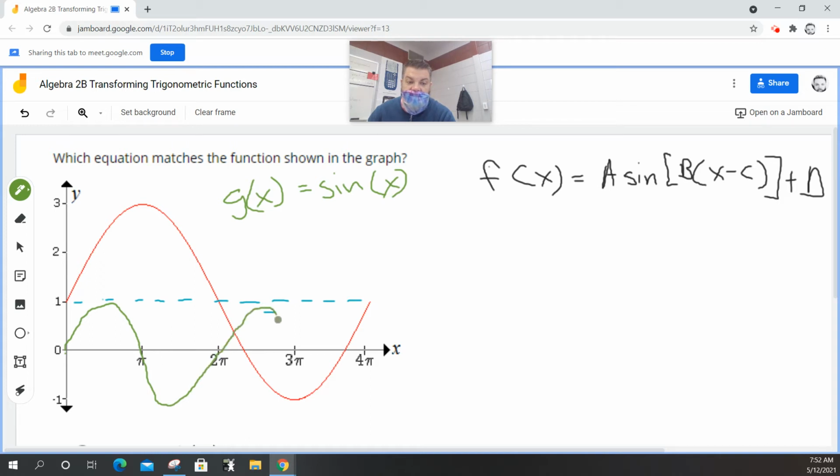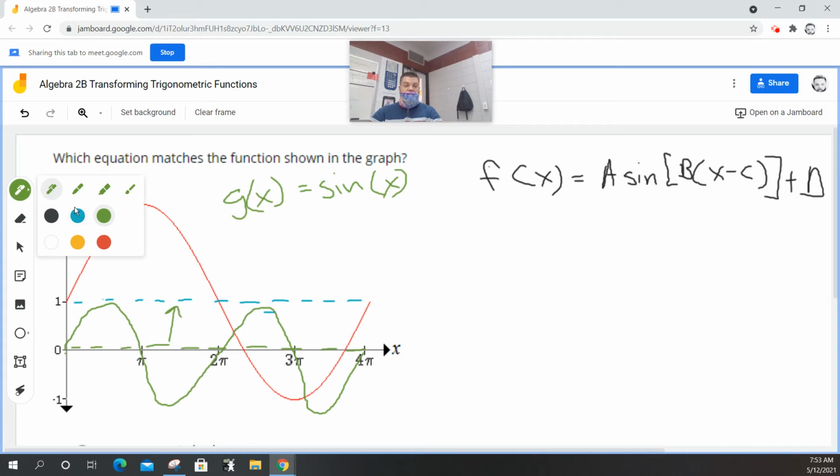So that got shifted up 1 because the midline here is the x-axis. What does that mean? Well, that means that d is equal to a positive 1.